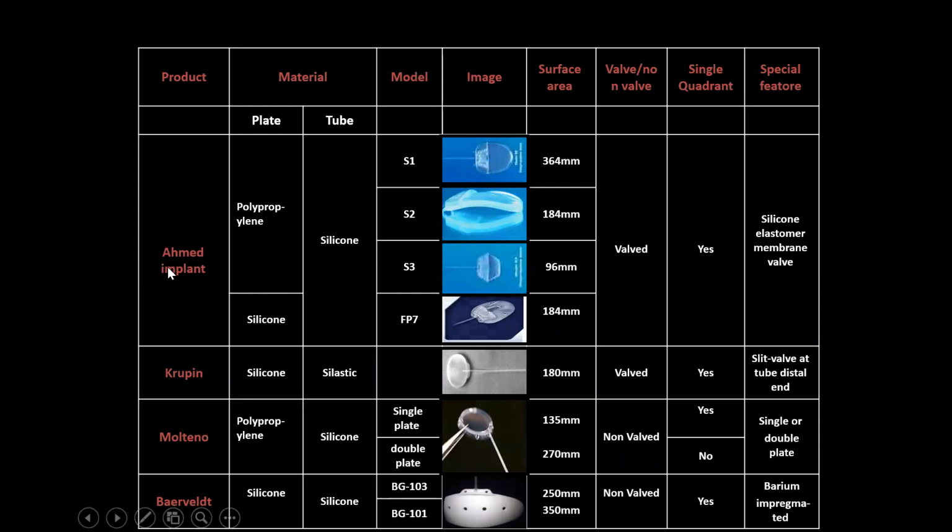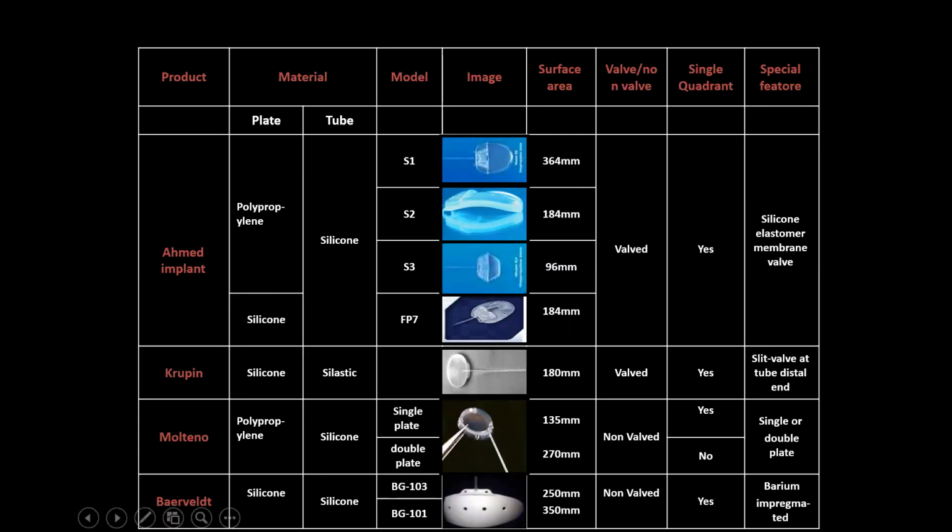And you have here multiple types of glaucoma drainage devices. You have the Ahmed implant, which is the most popular now. The type that we are using right now is the FP7, which is made of a silicone tube and a silicone plate. The polypropylene, we don't use anymore nowadays. And the Baerveldt is made of a silicone tube and silicone plate, so both of them are biocompatible.